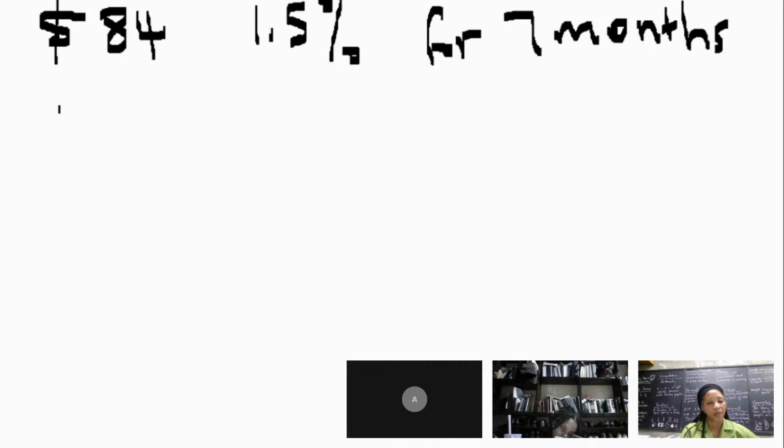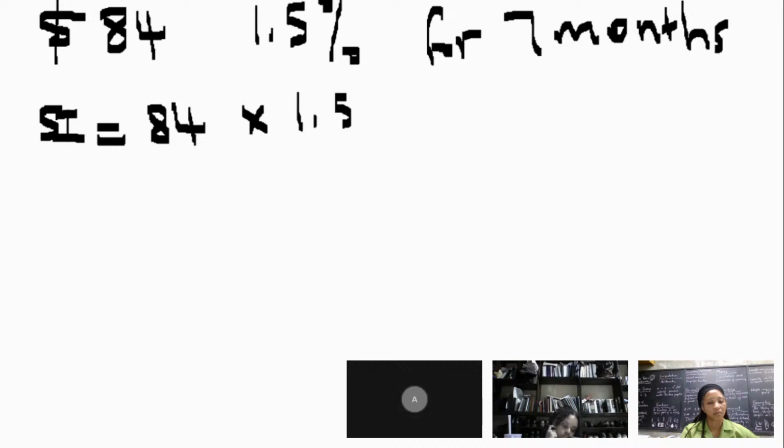So simple interest is 84 times 1.5 for 7 over 12 months, over 100.